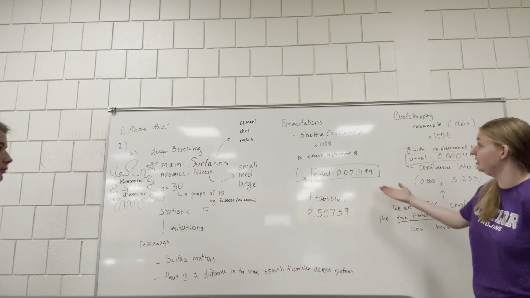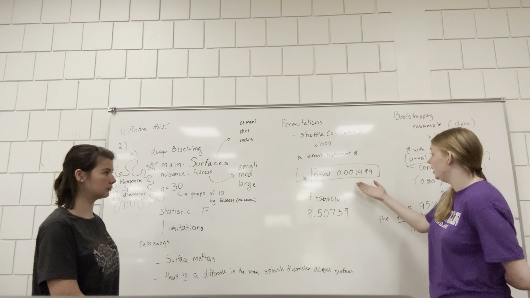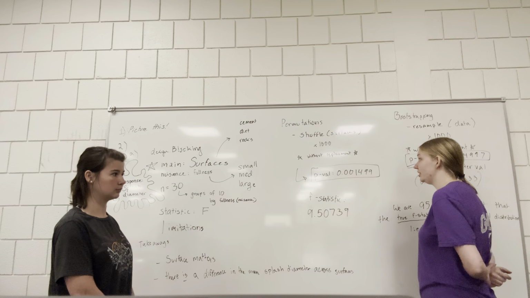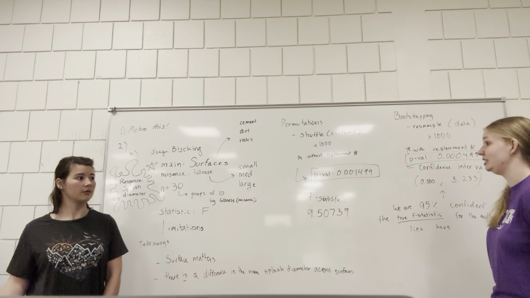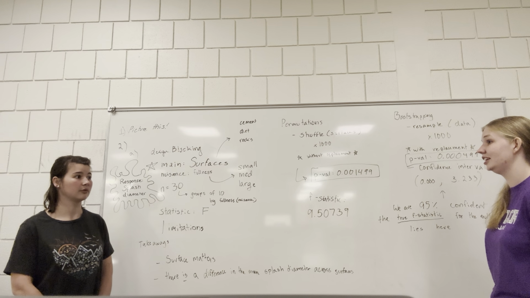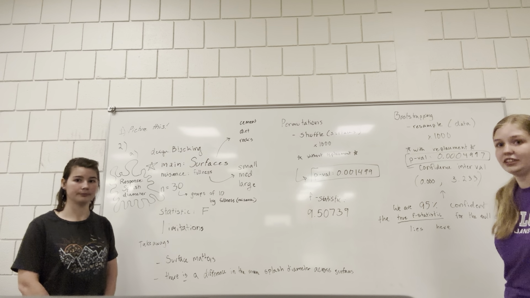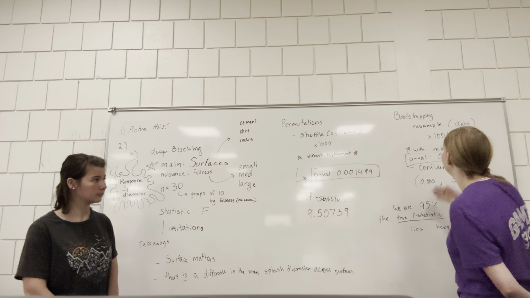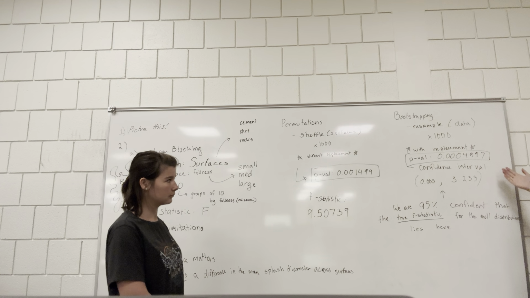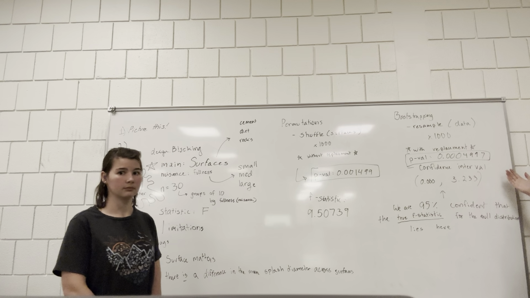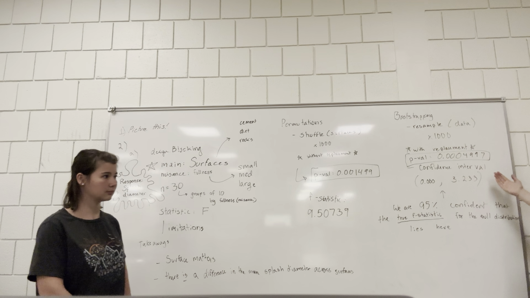For our permutation distribution, we had a p-value of 0.001499 for that graph, for this run-through of our experiment, and then for bootstrapping, we got a slightly more extreme p-value of 0.00049997.